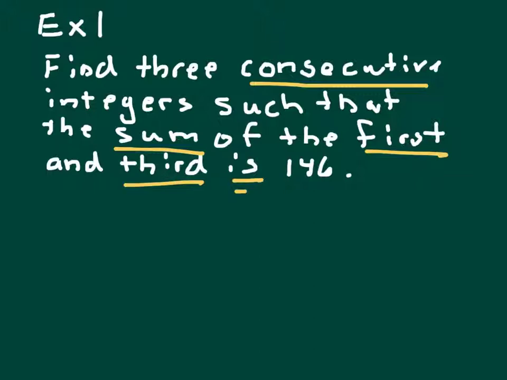Now whenever you have these consecutive integer problems, you have to set up the problem. What I mean by that is this. I'm going to let n be my first consecutive integer, and I'm going to abbreviate this.